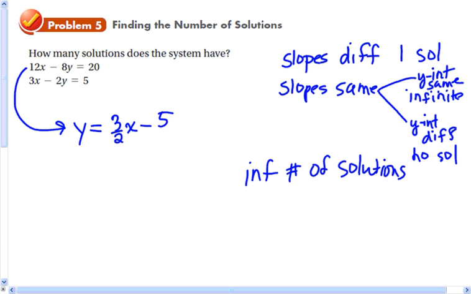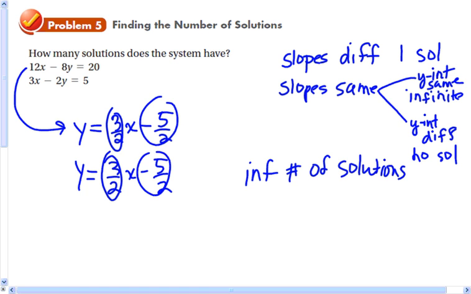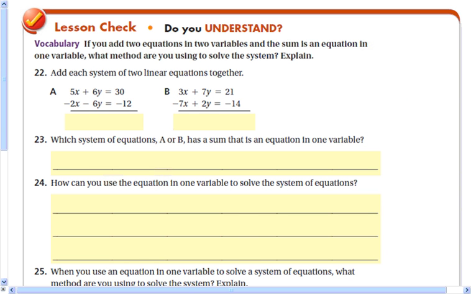And so the slope is 3/2. In the second equation, if we solve it for y, we get y equals 3/2 x minus 5/2 also. So we really have the same two equations. Same slope, same y-intercept. Those two equations will coincide when we graph them. There's going to be an infinite number of solutions. All right.